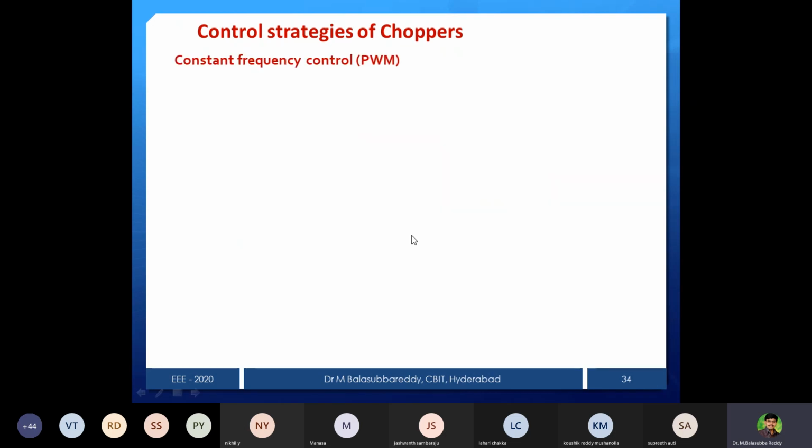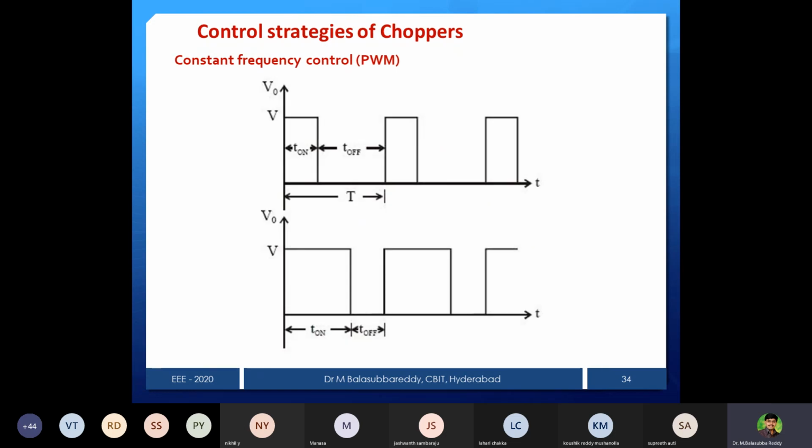Now we'll see briefly constant frequency control, or PWM control. What is the difference? You can notice here the total time T is fixed in both cases. The only variation is the on duration. If the on duration is this much compared with the total time, delta is 25%. Delta is 0 to 100%, or 0 to 1.